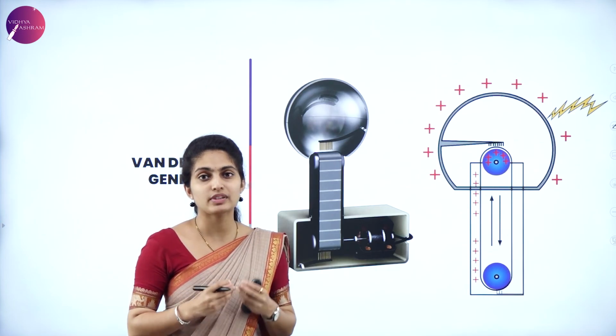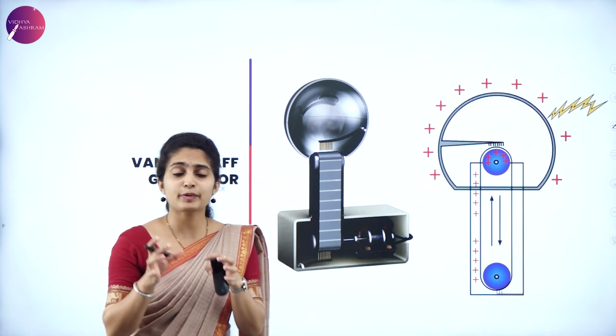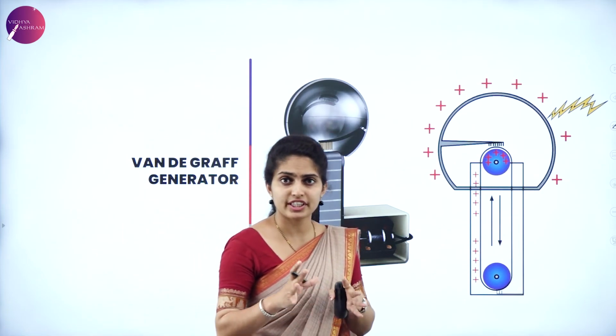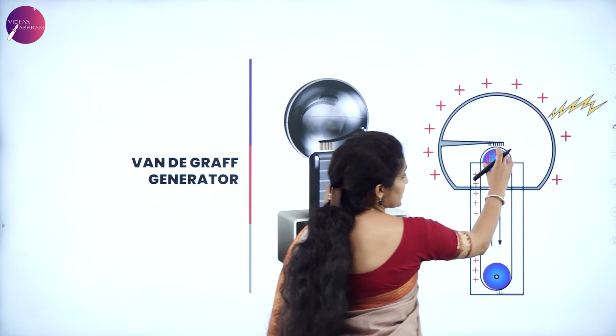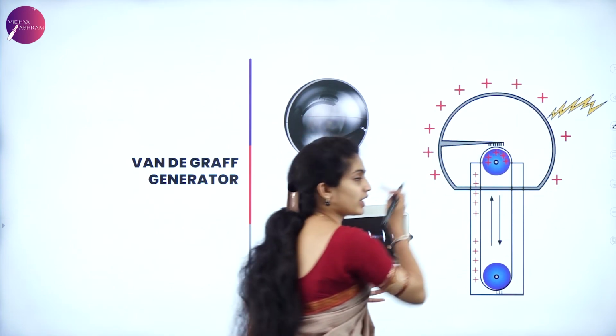On what principle does the Van de Graaff generator work? This is a charged conductor and this is an uncharged hollow conductor.